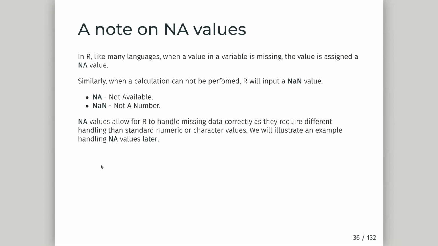But there's an argument to say ignore NAs. So it will alert us, it will put it in there, but it will then allow us to deal with them in special ways. So not available, not applicable, it's exactly the same meaning. Or not a number is another thing we're going to come across. And both of these need to be dealt with in functions with these special arguments, so it allows us to handle these slightly differently.